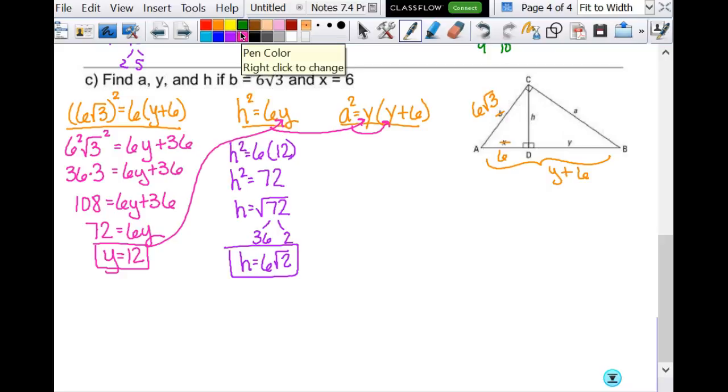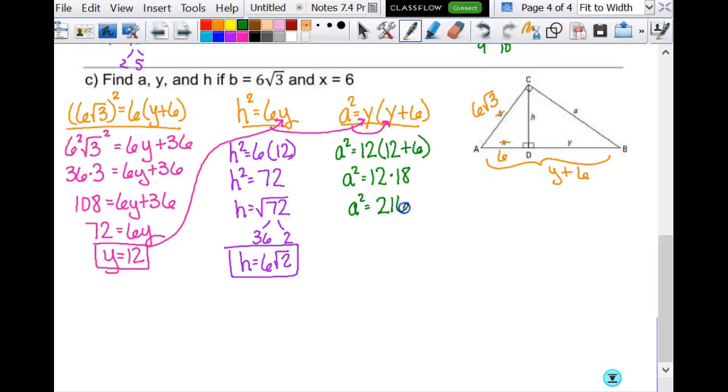All right, so then I move over here. a² is equal to y, which is 12, times y, which is 12, plus 6. Still don't need to distribute. You could, but why make it harder on yourself? So 12 times 18. So a² is equal to 216. So a is the square root of 216.